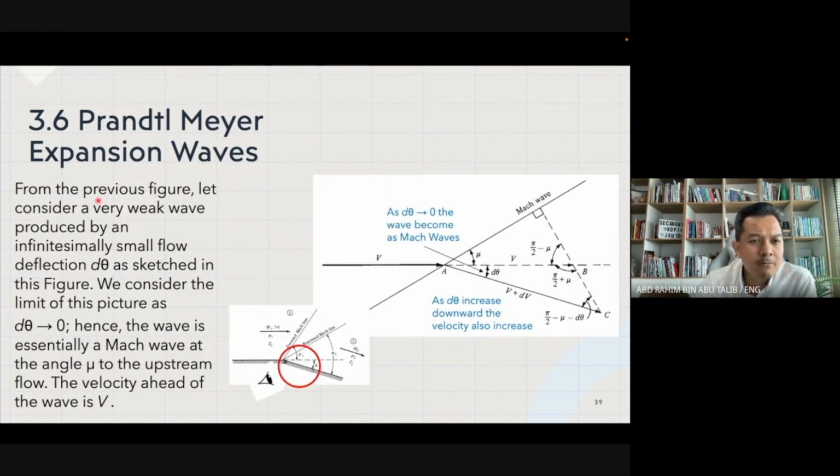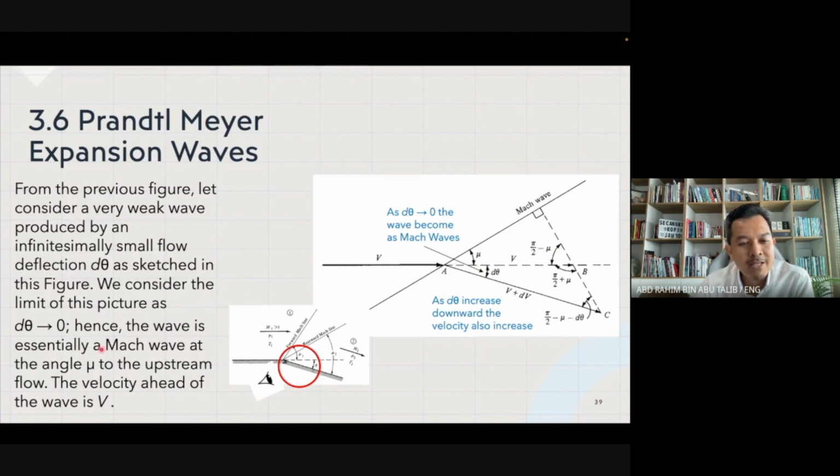So from the previous figure, let us consider a very weak wave produced by an infinitesimally small flow deflection d theta, as sketched in this particular figure. So this is the delta theta, a small change in the wave angle, right? So we consider the limit of this picture as delta theta is very small, near to 0.